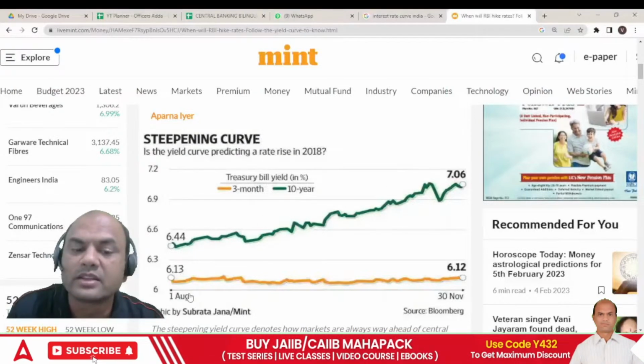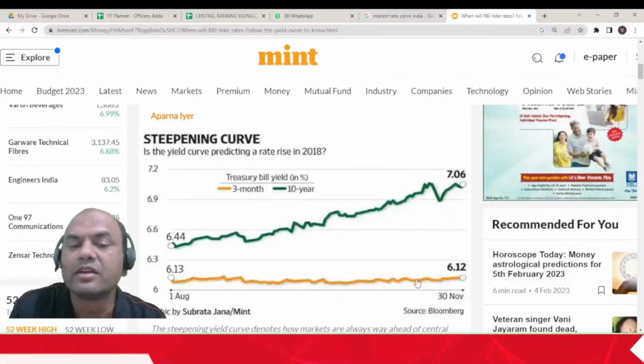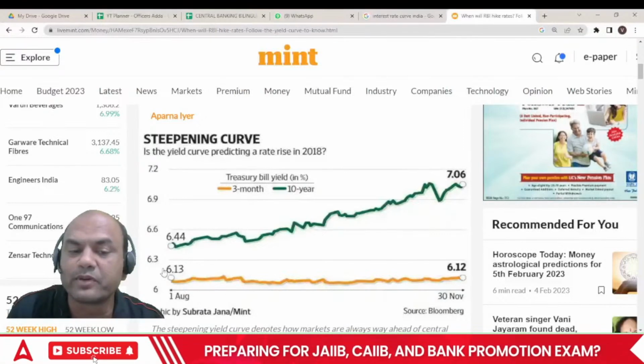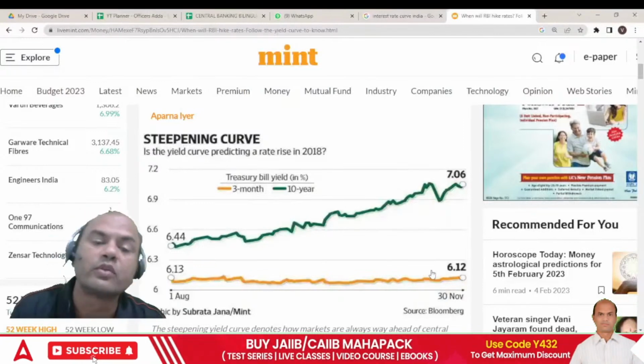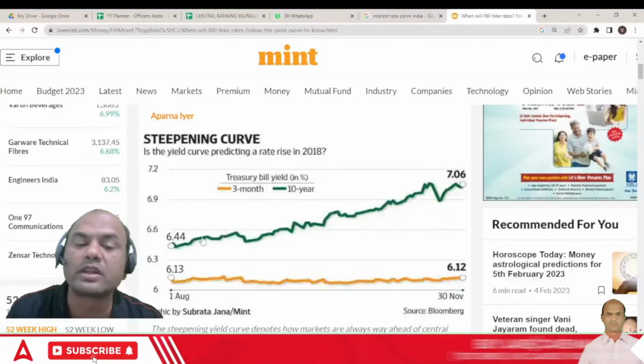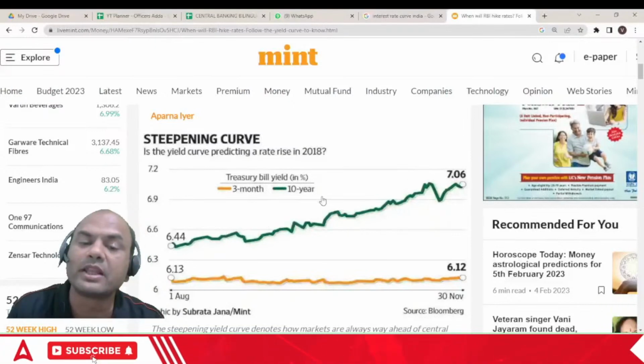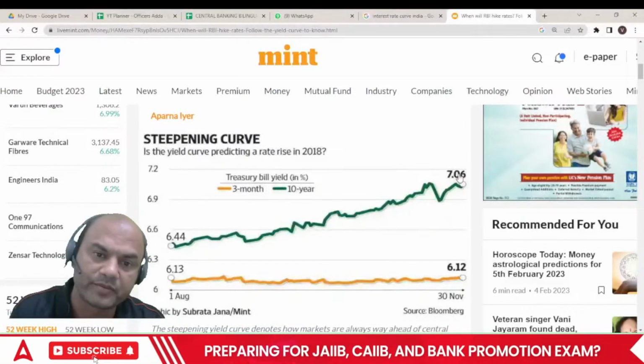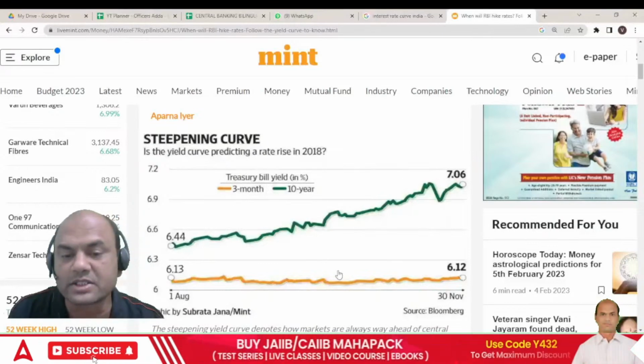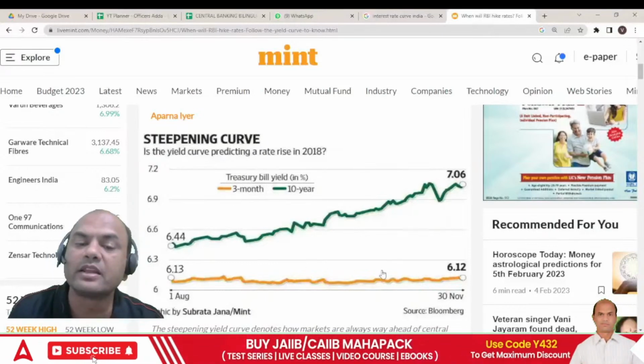And here the 3 month treasury bill percentage was going from 6.13 to 6.12, means almost flat, right? So what does it mean? It means that for the longer duration, people are expecting good growth in the country, whereas for the shorter duration, people are not expecting any growth in the country.